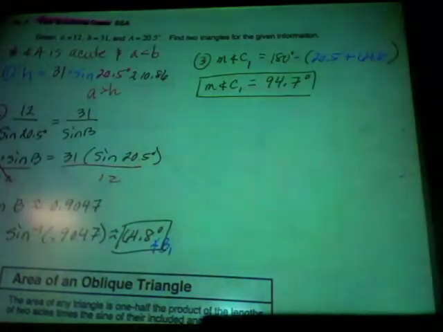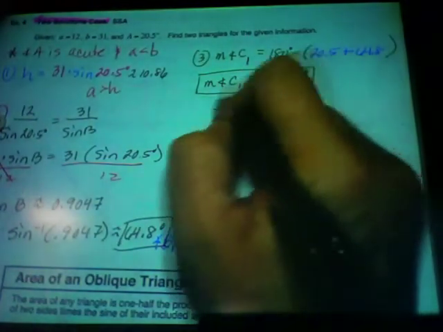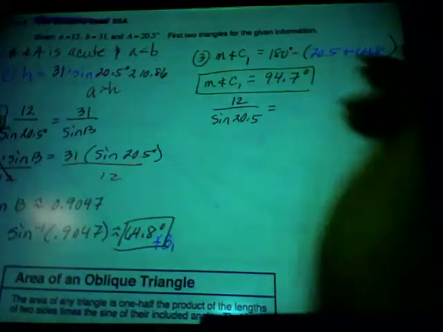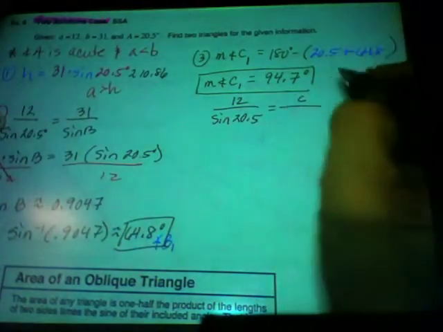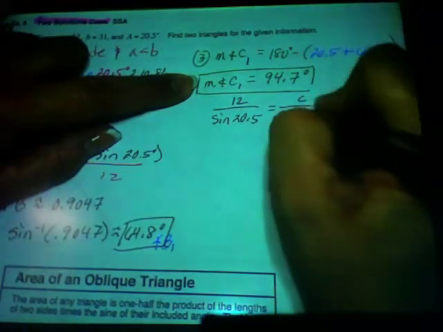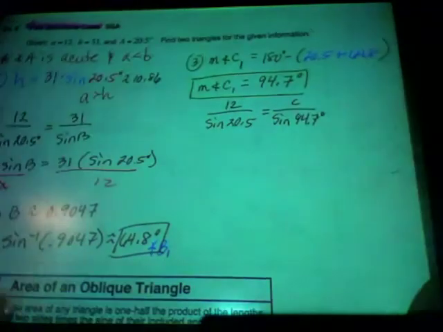So in the same vein, I want to go find side C. I just want to finish up the first set of solutions because then I have a second set. So side C, I'm still going to use the A ratio. So I'm going to use 12 over sine of 20.5 is equal to, but for C I want to use little c, over, now I know that one of my solutions for C could be 94.7 degrees.